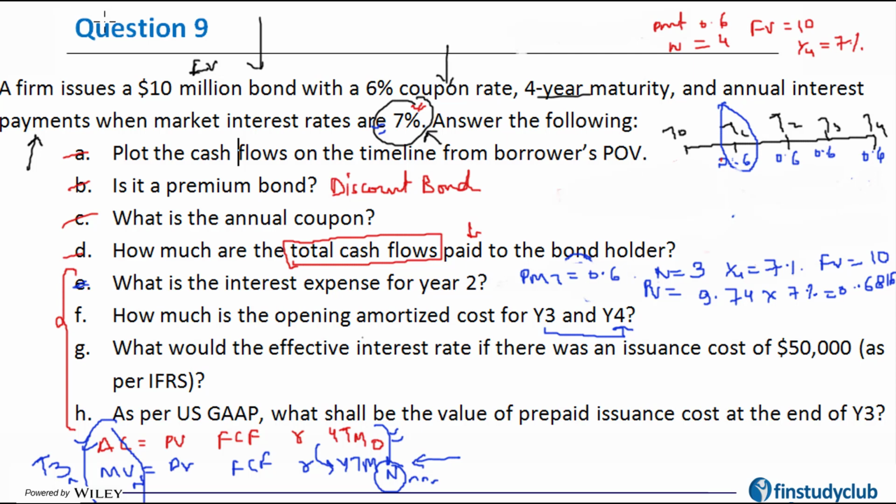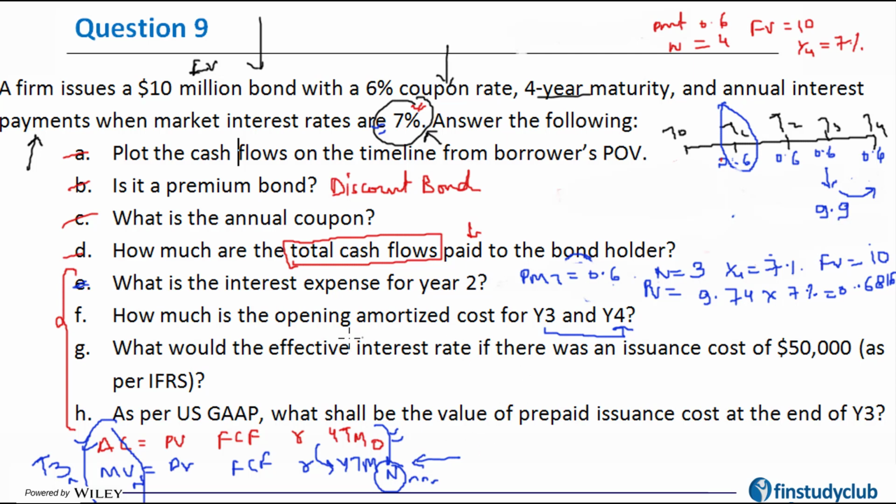If I'm standing here, then N will become equal to 1. All the figures already fed into your system, PMT is 0.6, I/Y is 7, future value 10, you just have to press 1 is equal to N and compute present value. The value that you're going to get here is 9.9.